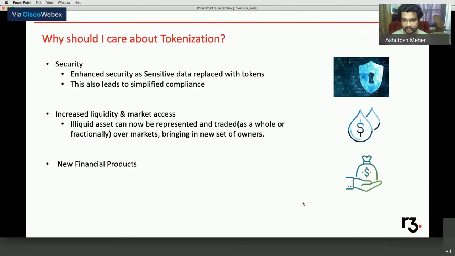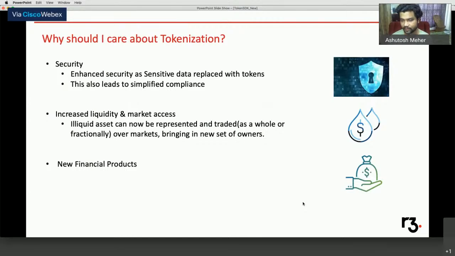A similar case is for new financial products. We could create new financial products with tokenization. If you think of something like a loan, there could be others as well. I'm not much into finance, but loan is something which is very simple to understand, I think, so I'll take this example. If you think of something like a loan, which a bank gives, and they just rely on someone who is repaying that loan, right?